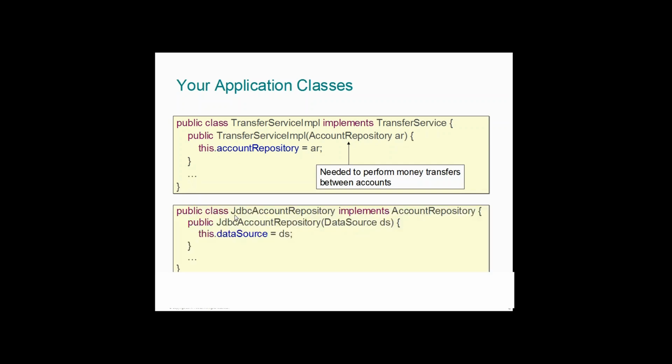Now I have this JDBC account repository, which is an implementation of account repository, where this JDBC account repository itself takes a dependency as input, a data source. So the data source has to be created before you create a JDBC account repository object. So first the data source object is created, and then the JDBC account repository gets created. Then this object needs to be injected into the transfer service implementation. That's the order in which it has to be created.